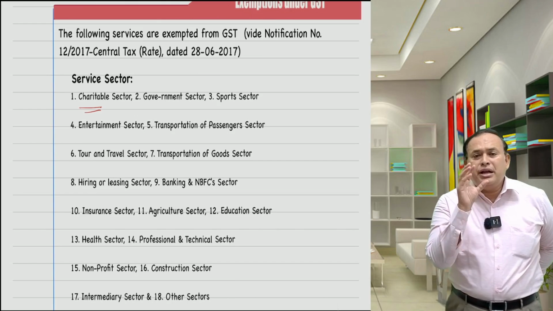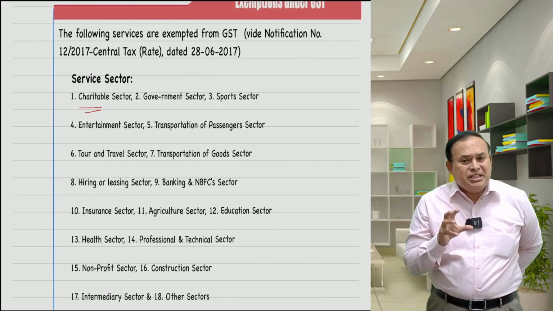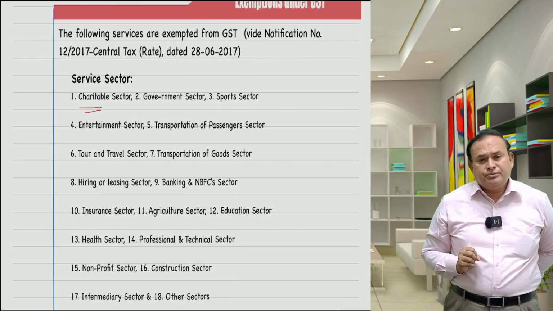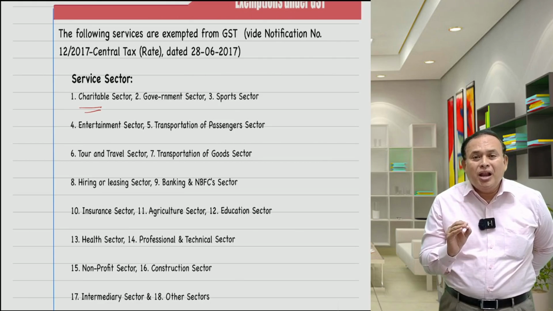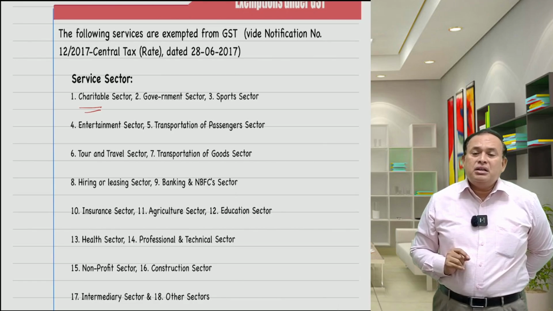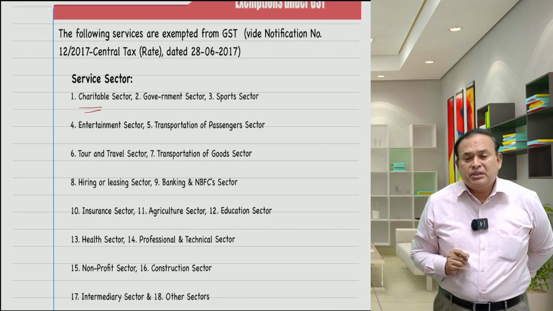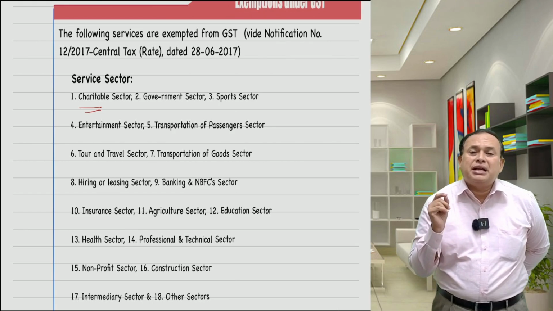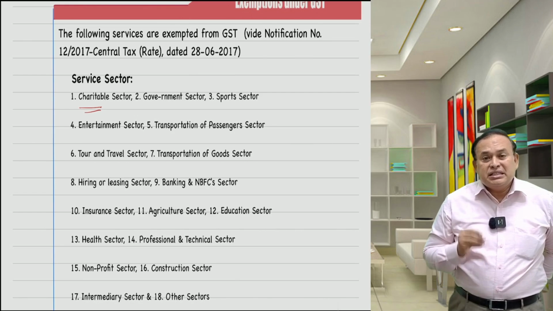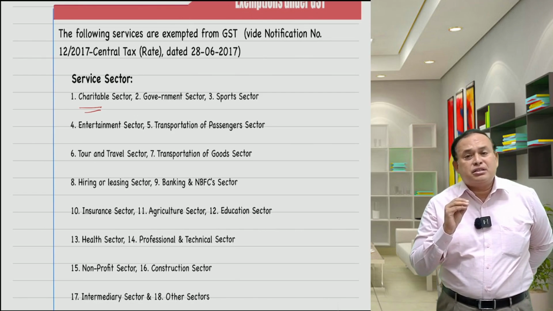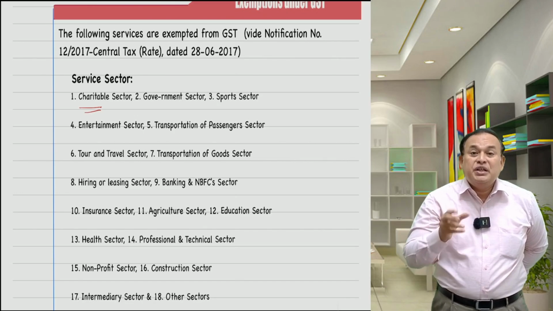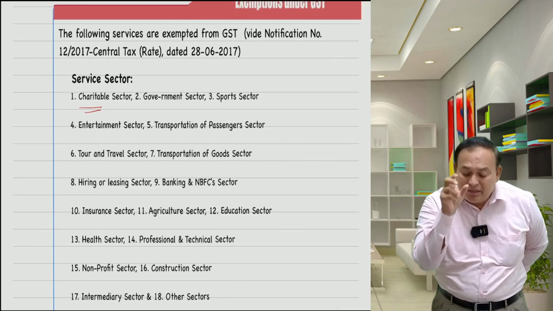A charitable entity which is registered under the Income Tax Act under section 12AA or section 12AB of the Income Tax Act 1961. Such registered charitable entity offers specified charitable activities.